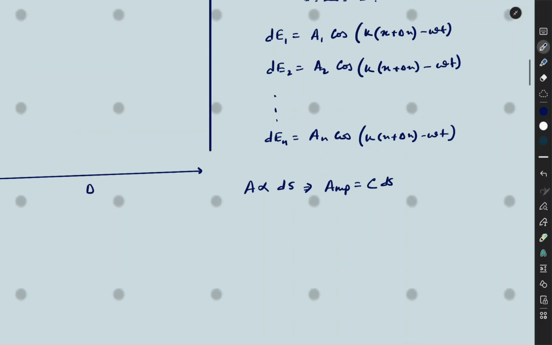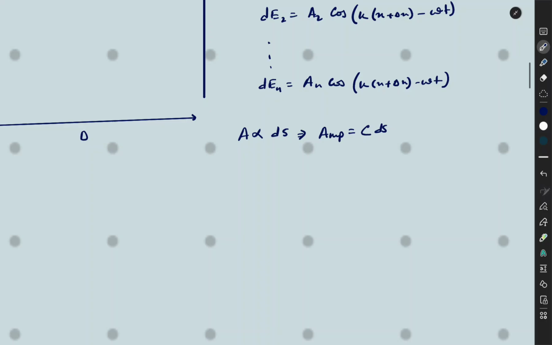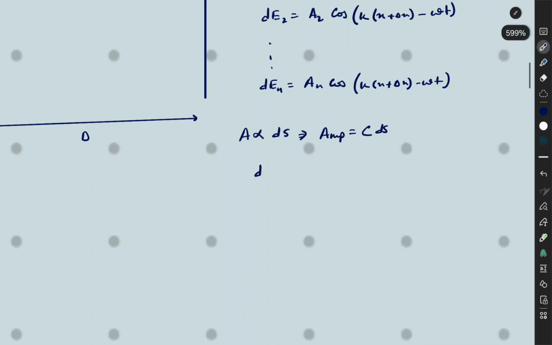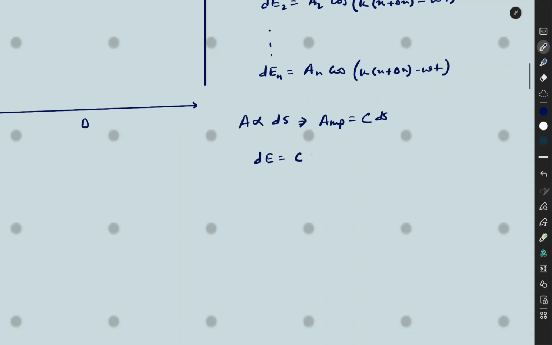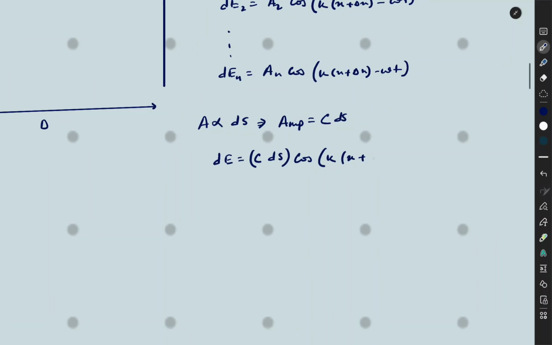So for any arbitrary element we will get dE equal to c ds, that is the amplitude, and then cos of k into x plus delta x, which is our s sine theta, minus omega t.